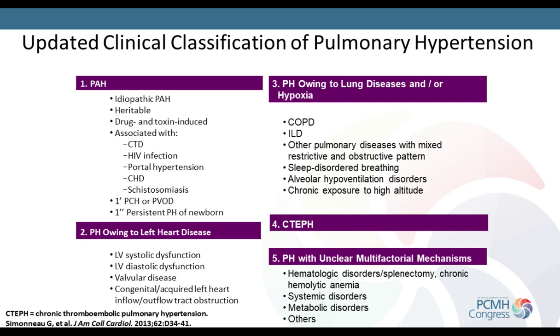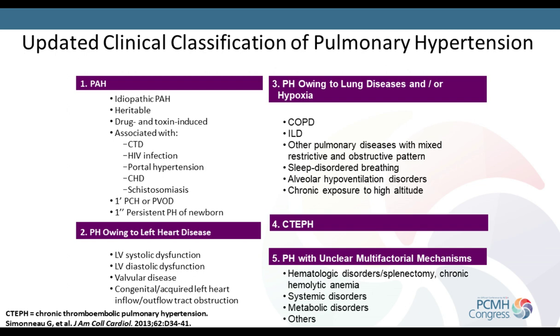The group for which we've developed therapies is group 1, which is pulmonary arterial hypertension. And these are a group of conditions that are much less common, but we still see, and you probably still see. We have idiopathic, which means we never find the cause. This is a rare disease, typically of young women. We have a genetic or heritable form, and then we have pulmonary arterial hypertension associated with drugs. So a lot of different legal and illegal drugs can cause the pulmonary vessels to get damaged, leading to high blood pressure in the lungs.